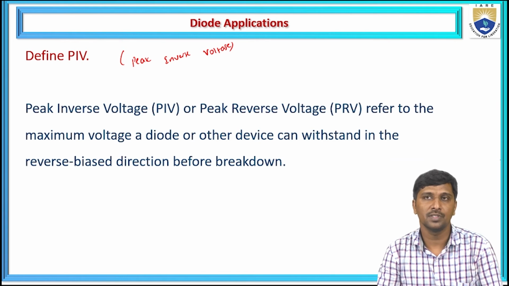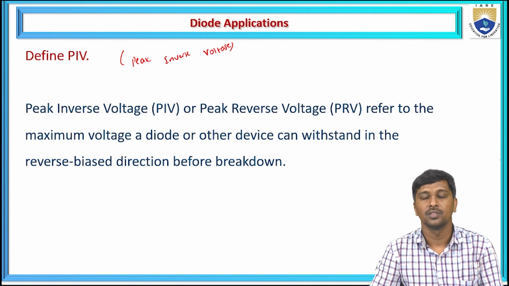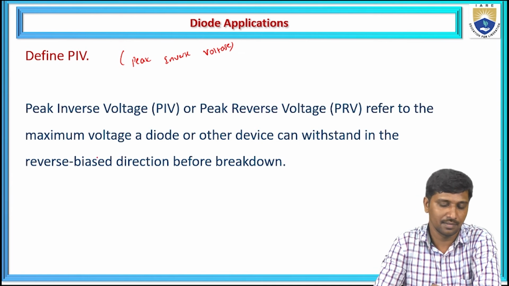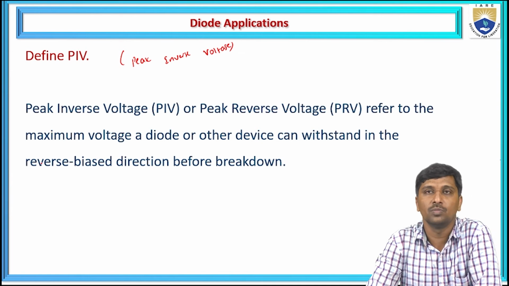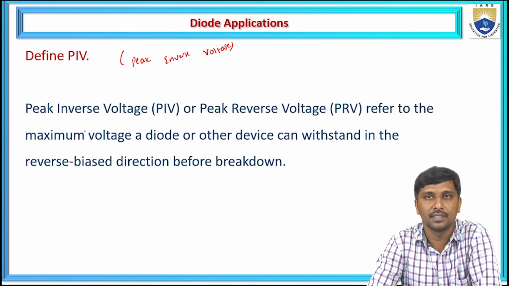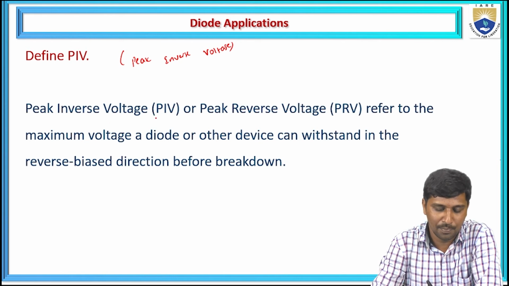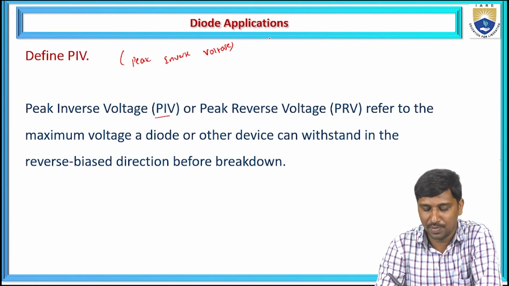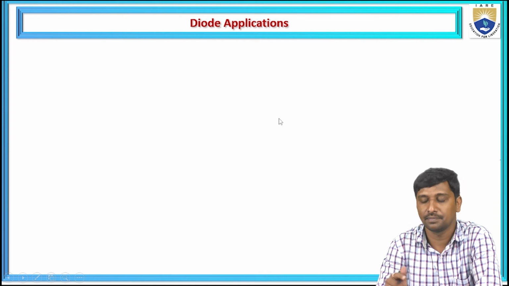So before this breakdown region, the maximum voltage that can be applied in reverse bias without destroying the diode operation is called the peak inverse voltage or peak reverse voltage.